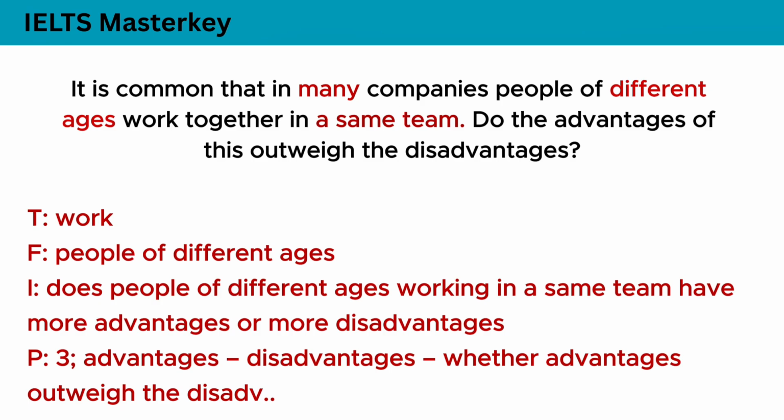Obviously, people here means employees of different ages. The question narrows the topic of work down to this specific issue, people of different ages working together in the same team. So what is the issue here? The issue is whether having people of different ages in the same team has more advantages or more disadvantages.